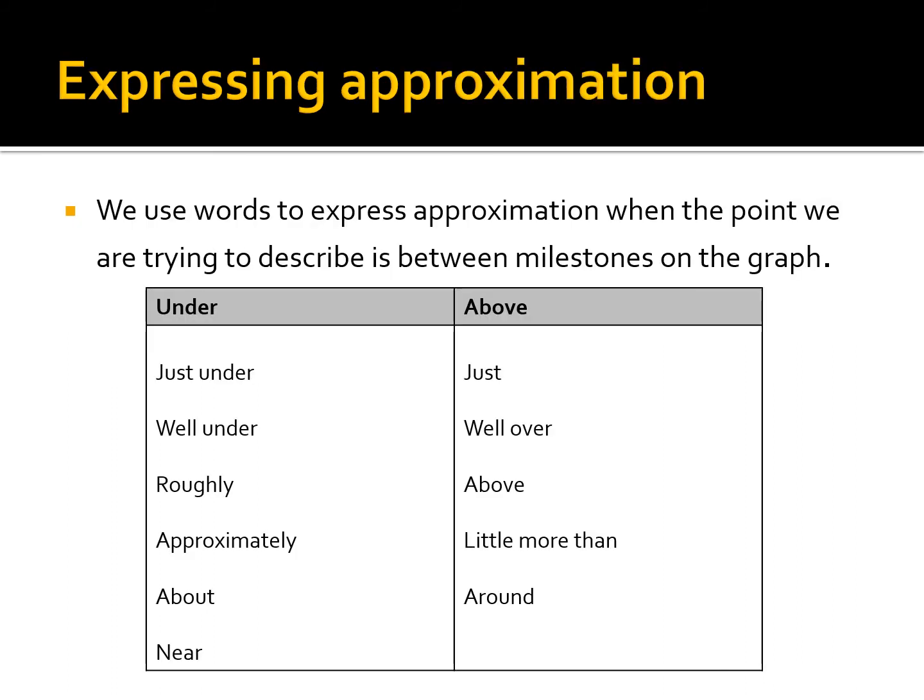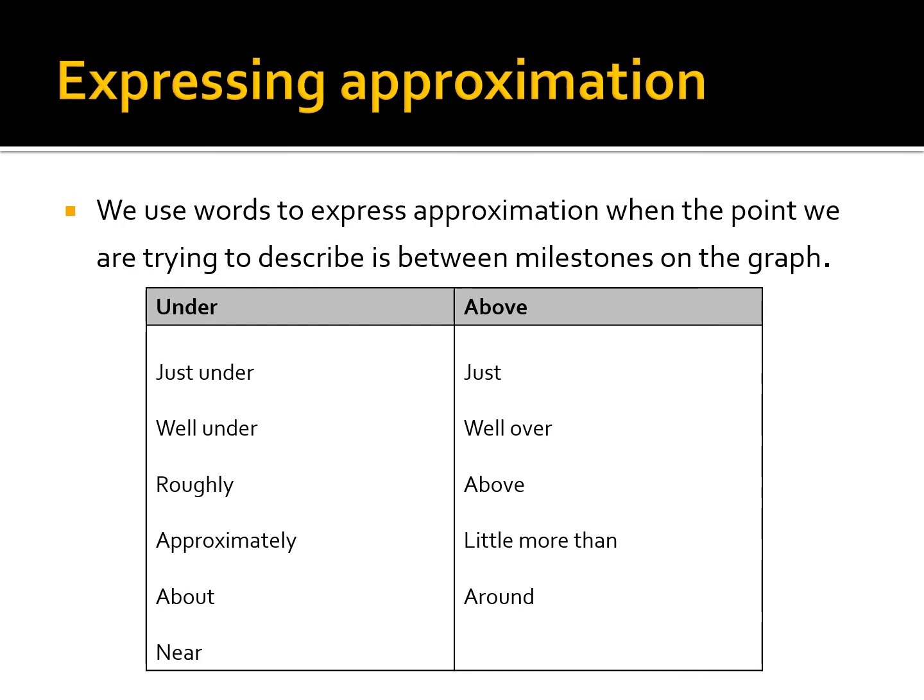Now, how can we express approximation? We use words to express approximation when the point we are trying to describe is between milestones on the graph. For example, if you don't know the exact amount of sales, you can say it is under, or it is over or above.